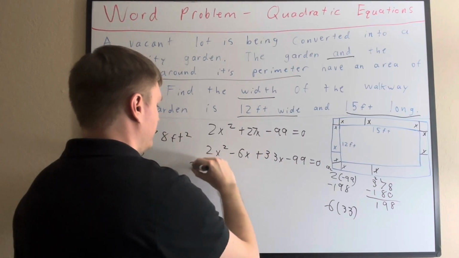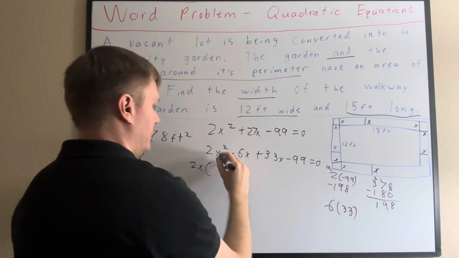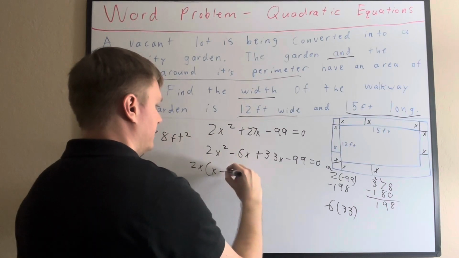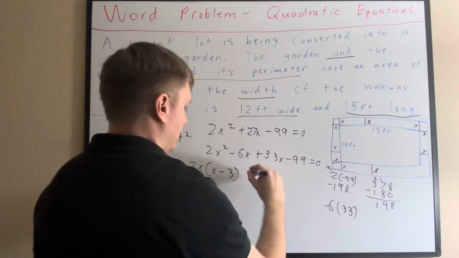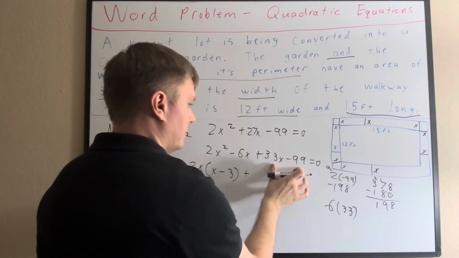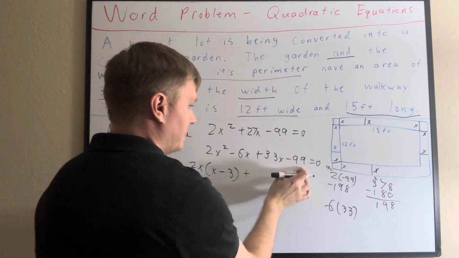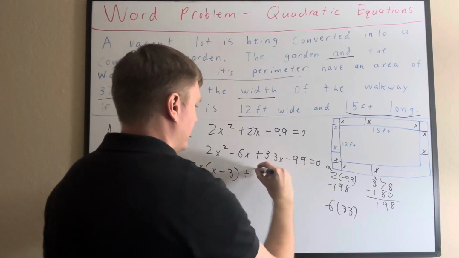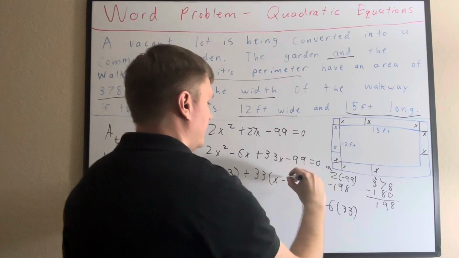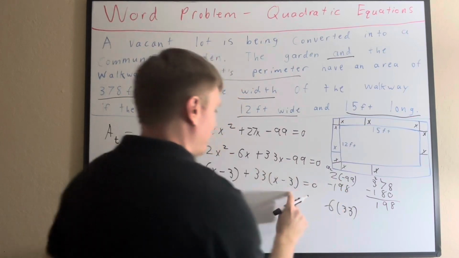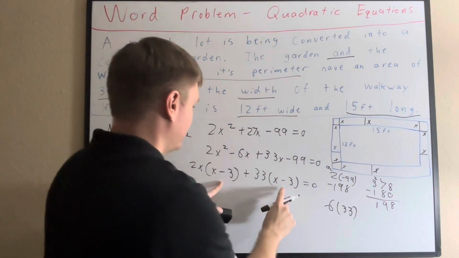So take 2x out, and we're left with x minus 3. Plus, we've got a greatest common factor here: 33 divided by 33 is 3. Both of those are the same, so we did it right.